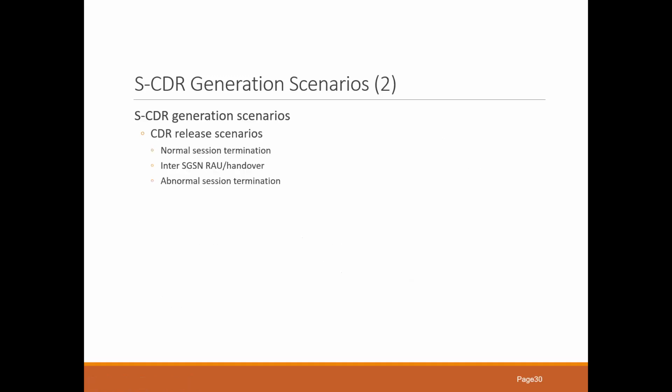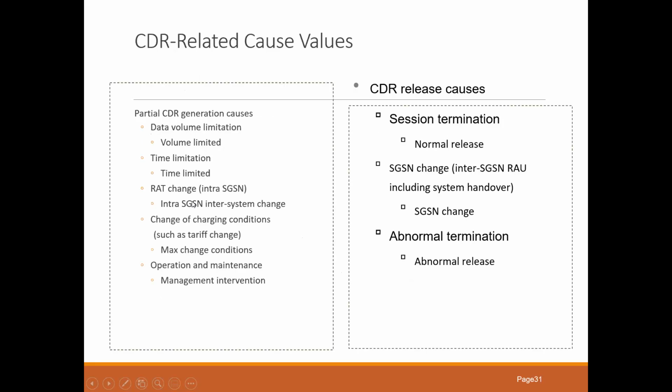Okay, so as CDR generation scenarios, CDR creation is based on PDP, and CDR release scenarios are normal session termination, if there is an inter SGSN routing area handover, or if there is abnormal session termination. This will result in release of the CDR. If this is not done, then you'll keep on having partial CDRs based on the configuration you have.